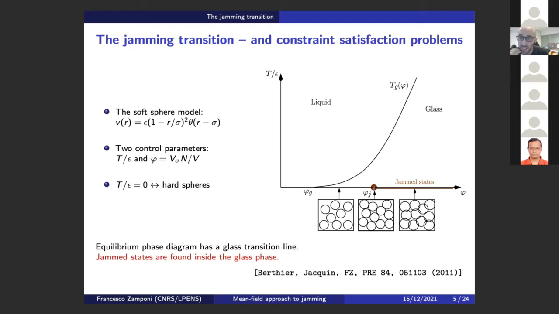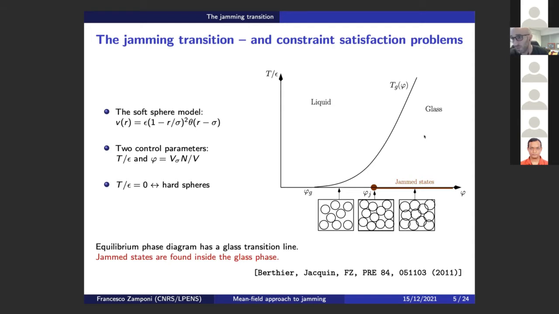Okay. Of course, this is an equilibrium phase diagram, and this is a non-equilibrium process. We know that when we cross this line, we are going to be in the glassy region, we are going to be out of equilibrium. But still, when we realized that, and this was a long series of discussions, but you can find, for example, a discussion in this paper, we thought, okay, maybe what we can do is to use the machinery of replica theory to describe the transition from liquid to glass.